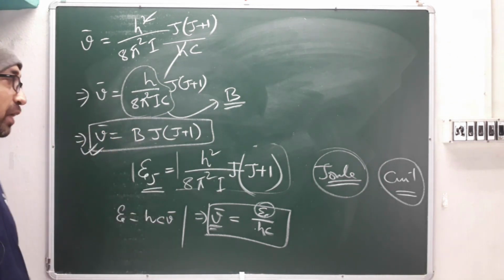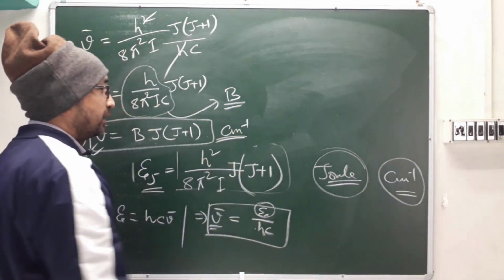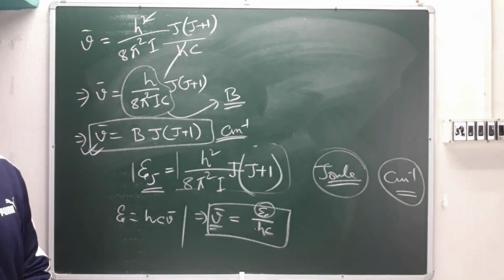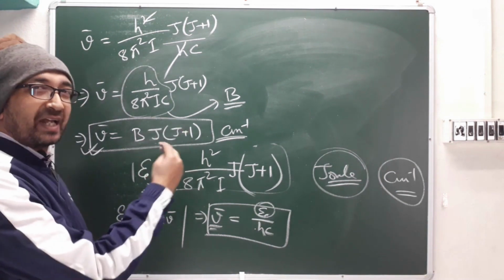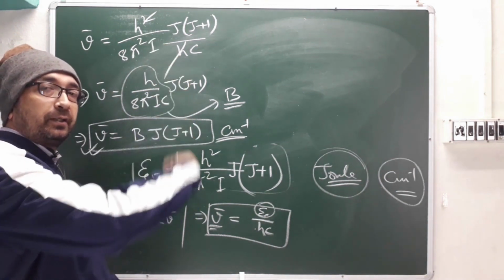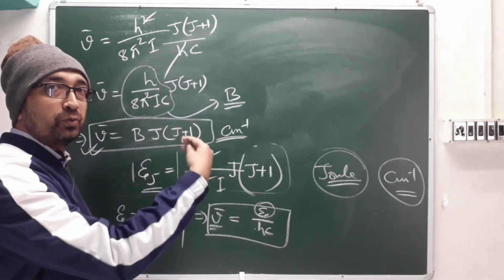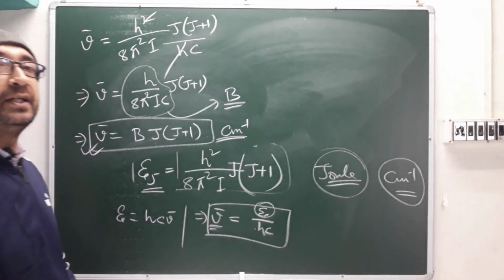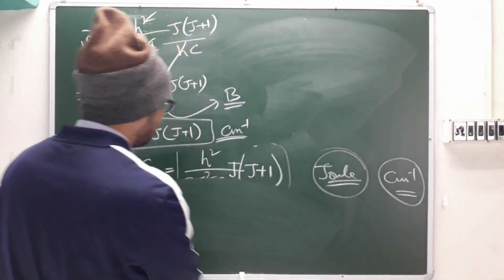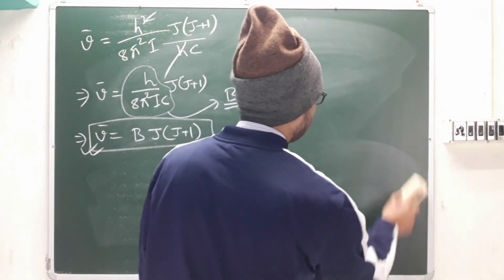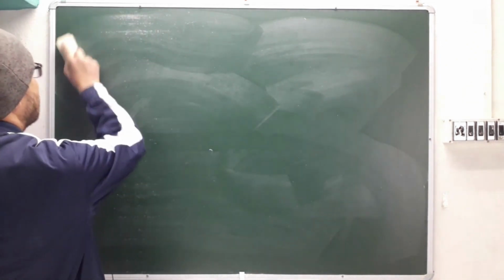Whatever value you get from here will be per centimeter. Now our main focus is to find this B value, and then J into J plus 1, and then the different energy levels, J equal to 0, 1, 2, 3. We will find this energy separation, and for each energy separation we'll calculate the value of B and the wave number. Everything we are going to calculate.